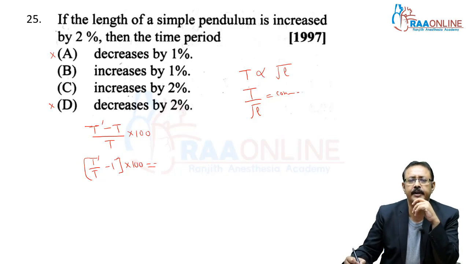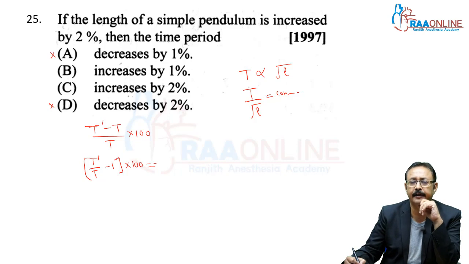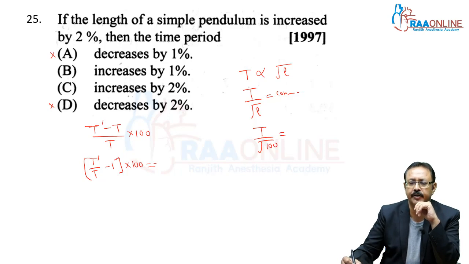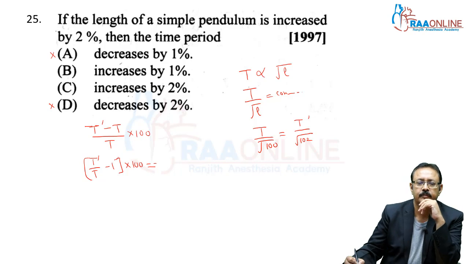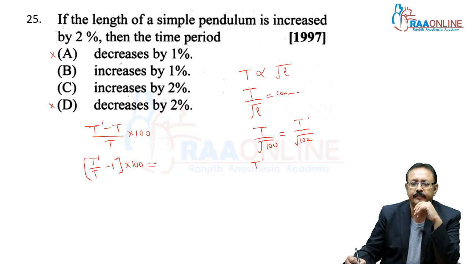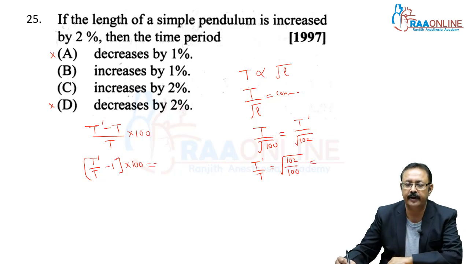Now, take initial length 100. So, T by root 100. Final, we are taking T dash. The length of pendulum is increased by 2%, so it is now 102. What is T dash by T? Under root 102 by 100. We will use binomial. It is a very important tool for you. Write 100 as 100 plus 2.